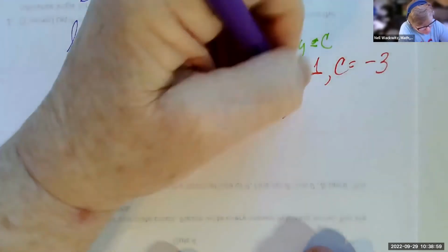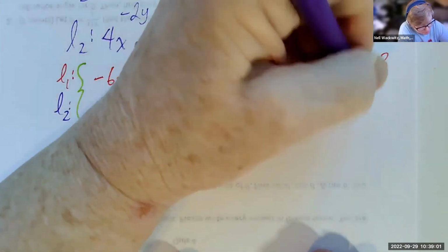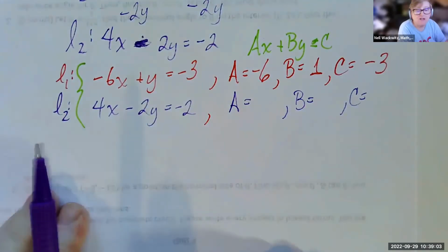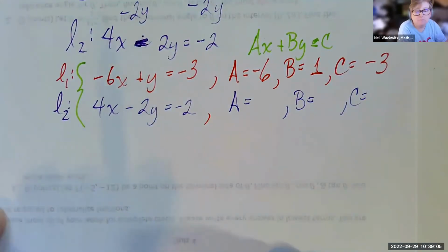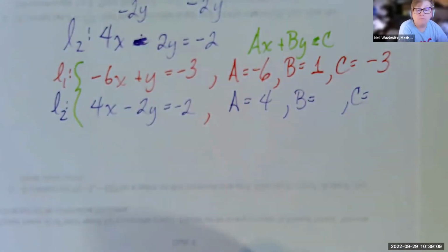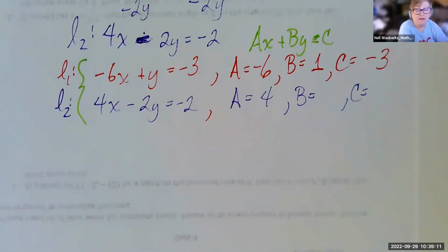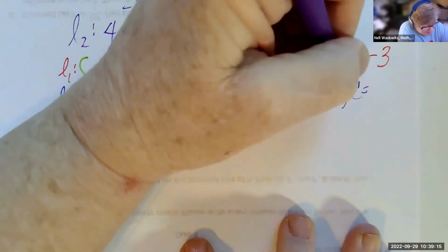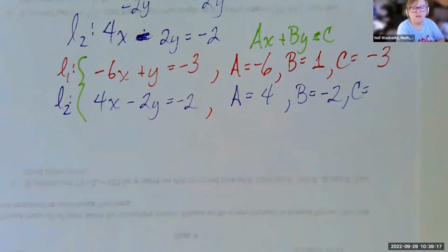Excellent. And for line 2, what is the coefficient of x? 4. All right. And for y, what is the coefficient of y in line 2? Negative 2. And what is the constant in line 2? Negative 2.